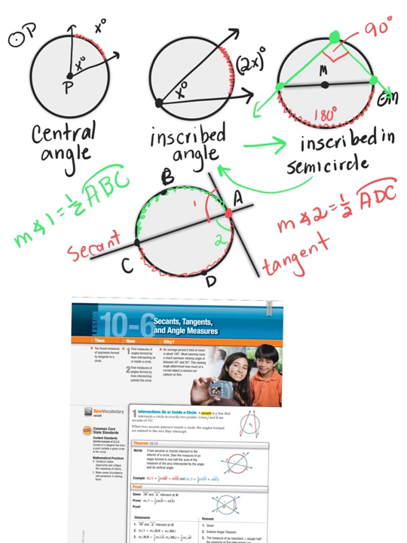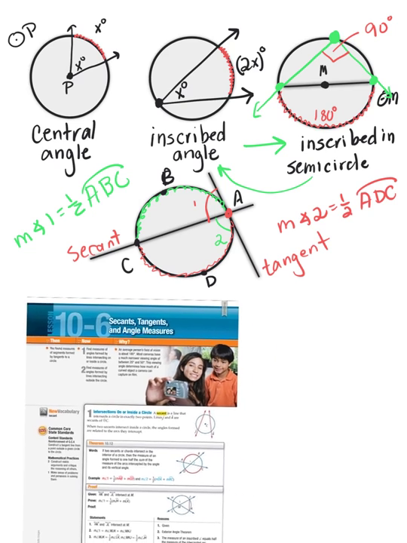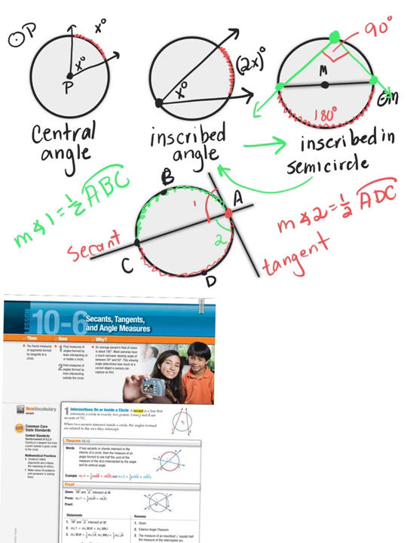Now, let's talk about another situation. What if we have an angle inside the circle? What if I have an angle inside a circle, but its vertex is absolutely not the center of the circle?